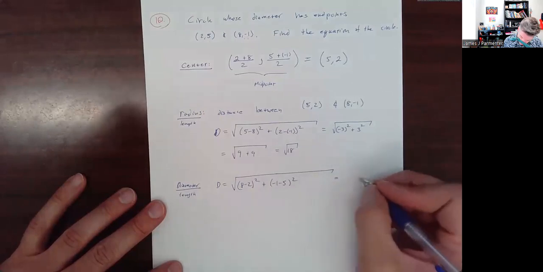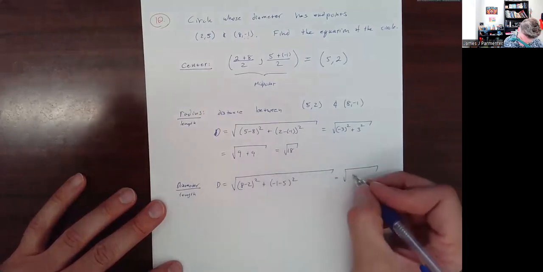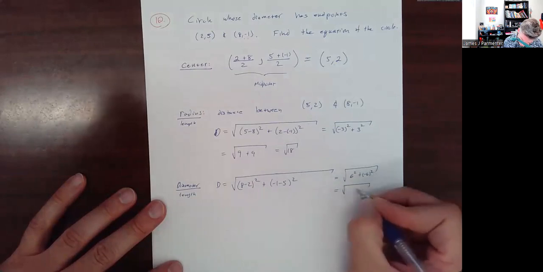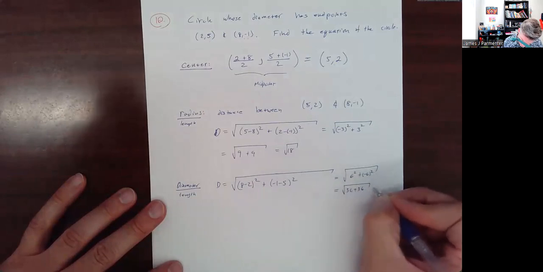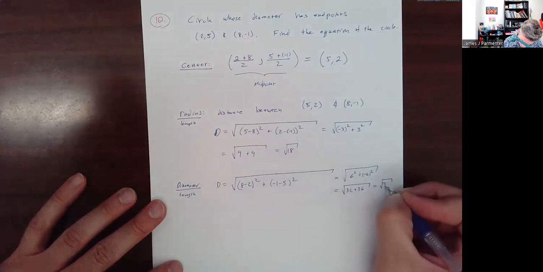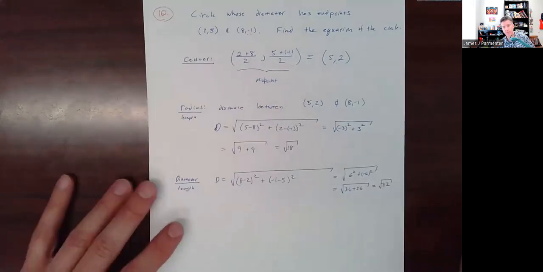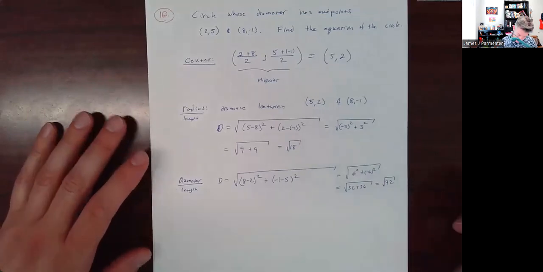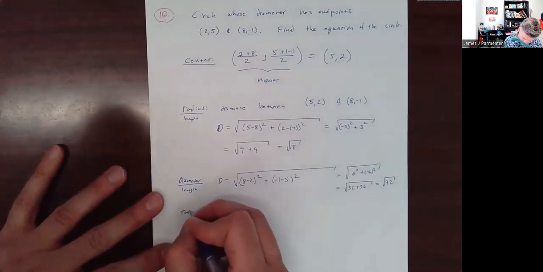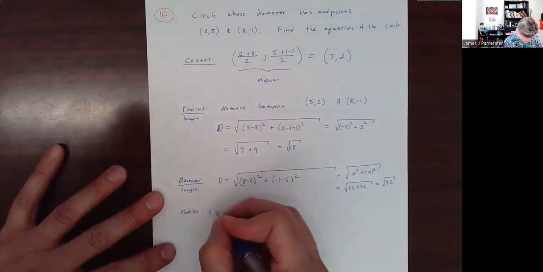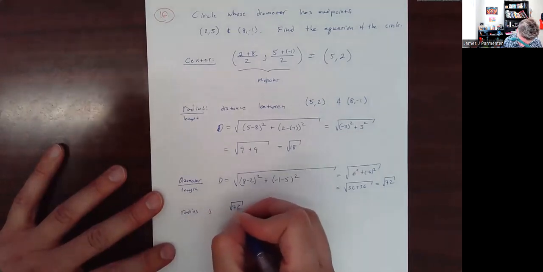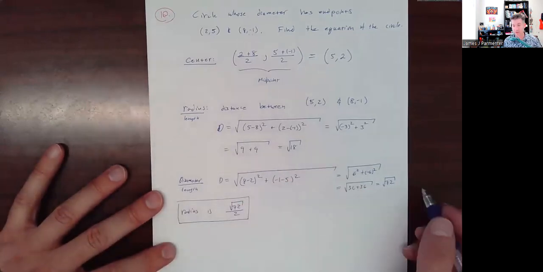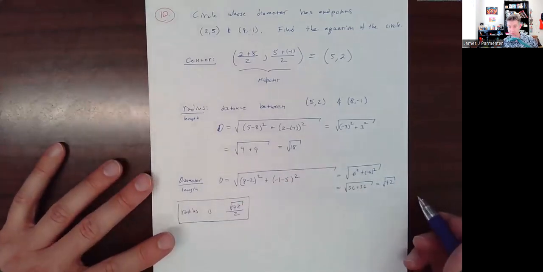That ends up being the square root of 6 squared plus -6 squared, which is the square root of 36 plus 36, which is the square root of 72. And you can just divide that by 2, or do some simplifying first. So here we'd say our radius is square root of 72 divided by 2, which does simplify to the square root of 18. It's just not something we've really talked about how you do that.